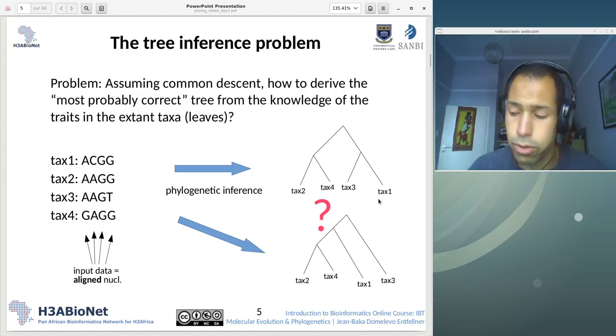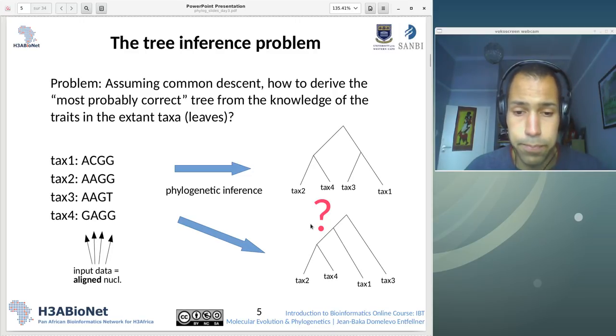You know that a tree is an acyclic connex graph, but you have many different acyclic connex graphs that you can build, whose leaves would be the four taxa. Here I gave only two examples, but we have many more, as we're going to see in a short while.